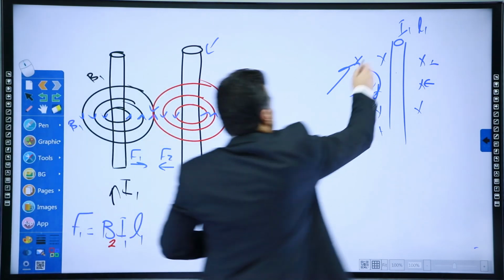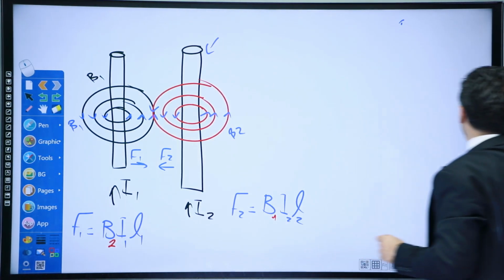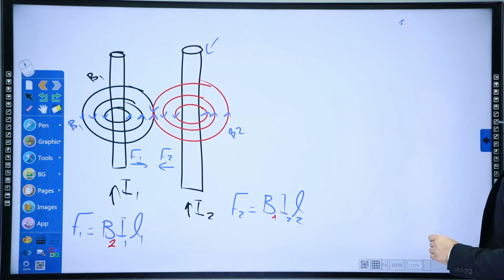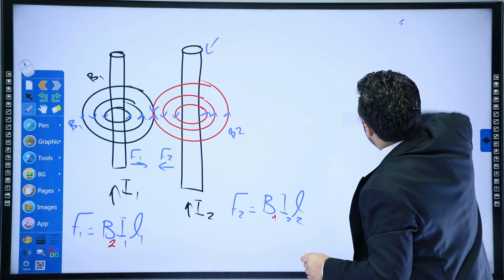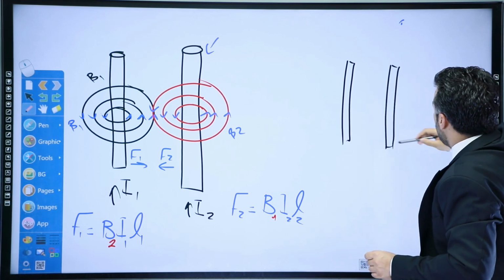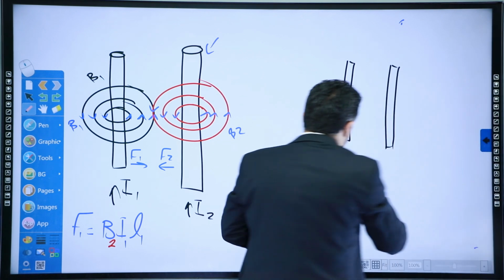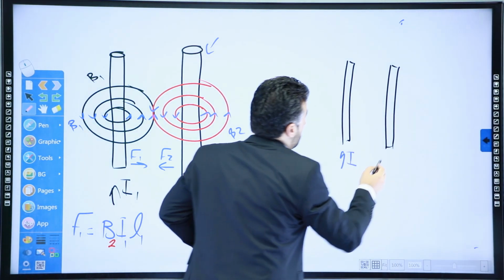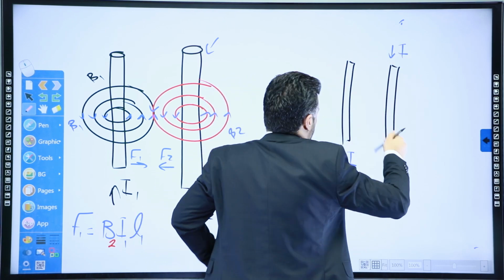And let me tell you why they would repel one another if the currents in the two wires were in opposite directions. Let's go through this one more time real quick. Here's one of the wires, and this is the second wire. Imagine the currents in the two wires were opposite: this one is moving upward, this one is moving downward.